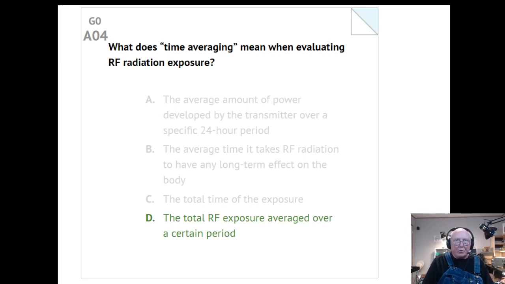But total RF exposure, so not just what you got with one transmission on the microphone, but what you get for the whole time you're talking on the radio that day, whether it be 5 minutes or 5 hours. It's the total exposure average over a certain period, and that's what time averaging means.